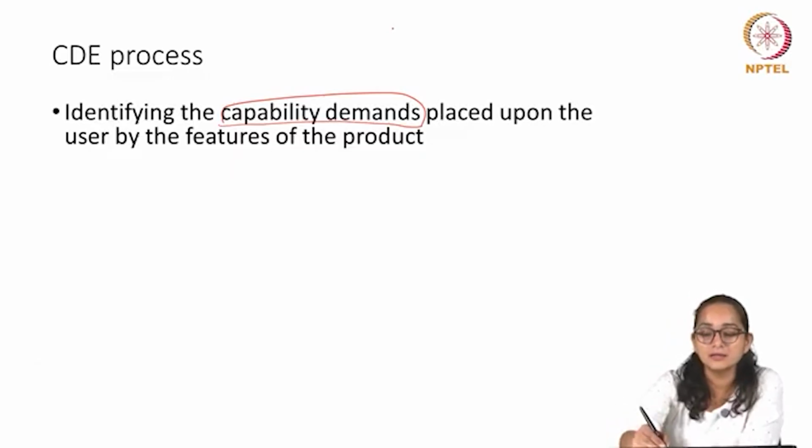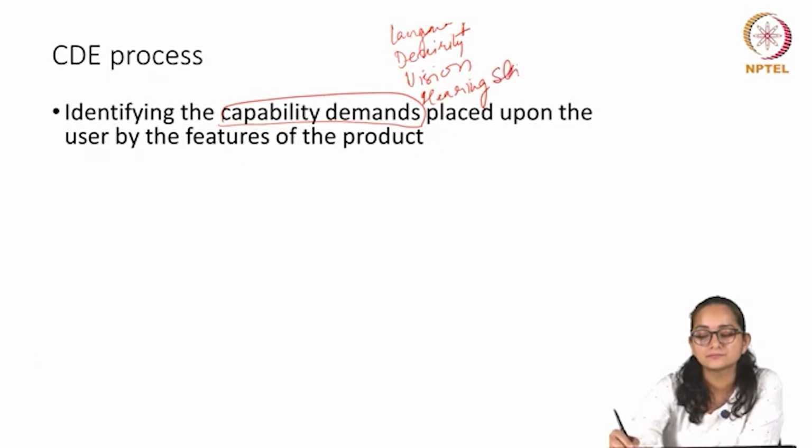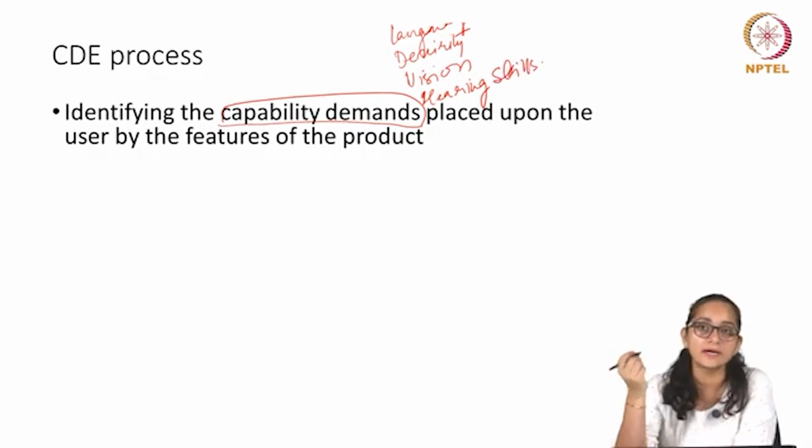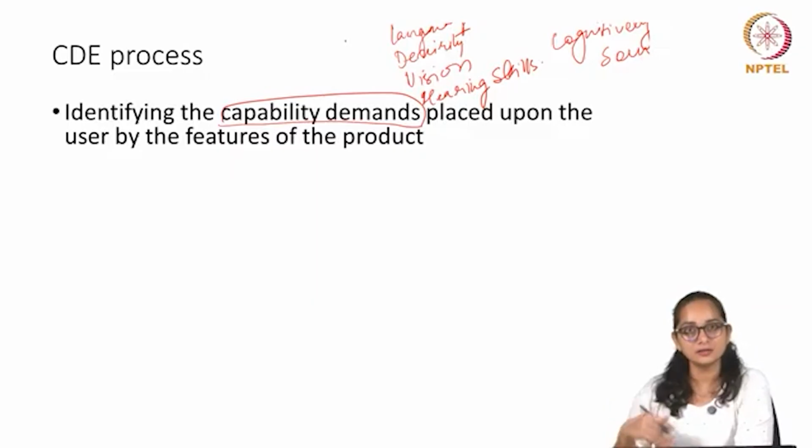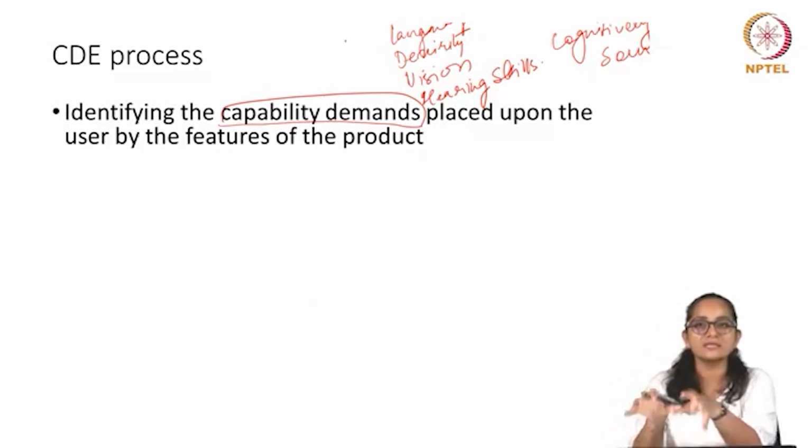So it is basically, I want my user to know the language, I want my user to have dexterity, I want my user to have vision, I want my user to have hearing skills, and of course I want my user to be cognitively sound, right, in order to perceive all of this information, understand its semantic value, and then press some button.